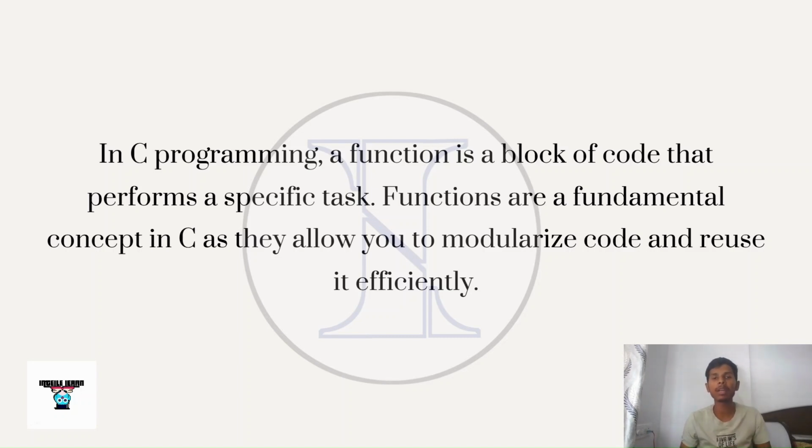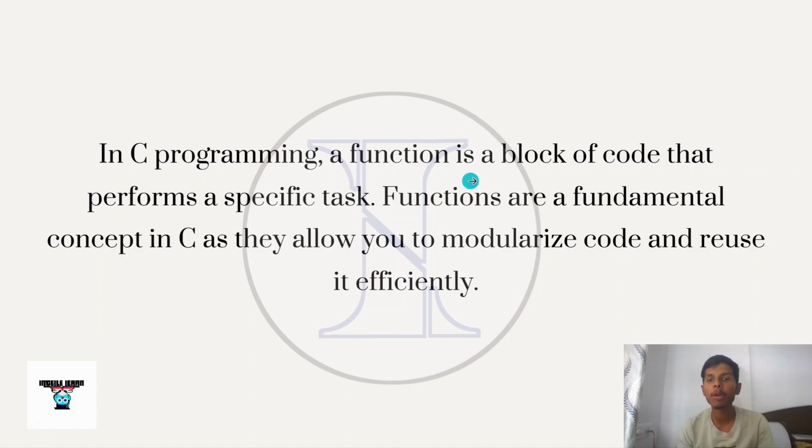As we have used functions all the time while coding, for example, the integer main function, it is a block of code which performs a specific task. The specific task is nothing but the code which we give to that function so that it can perform the execution of the program.